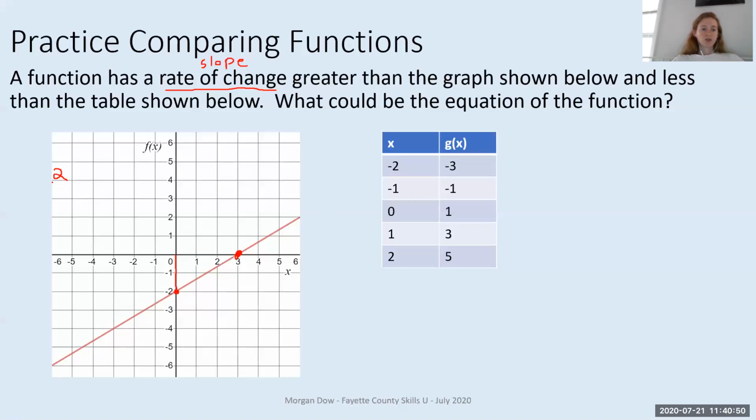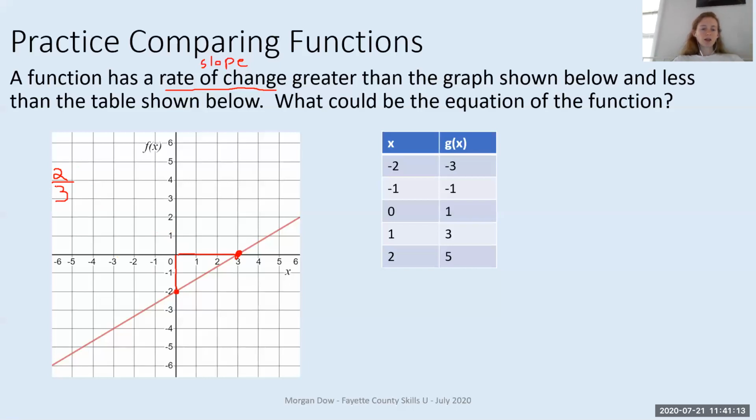Remember, slope is change in y compared to change in x. So vertical change compared to horizontal change. So I've gone up 2, and then I'm going over 1, 2, 3, going over 3. So I've got this rate of change of 2 over 3.